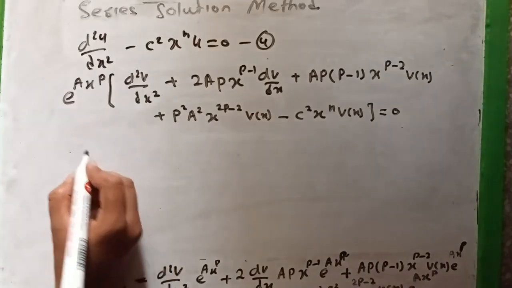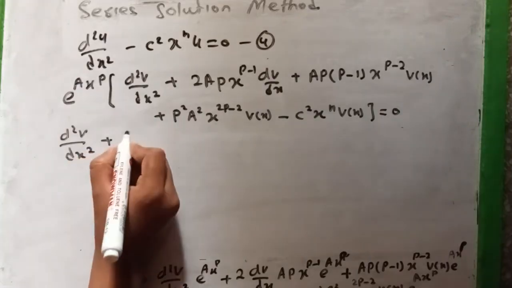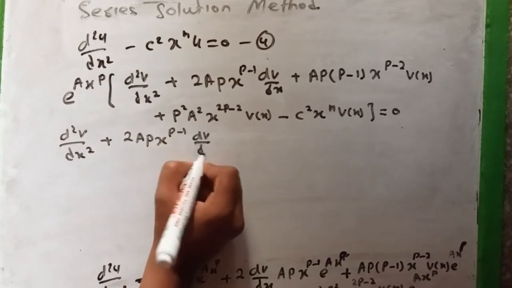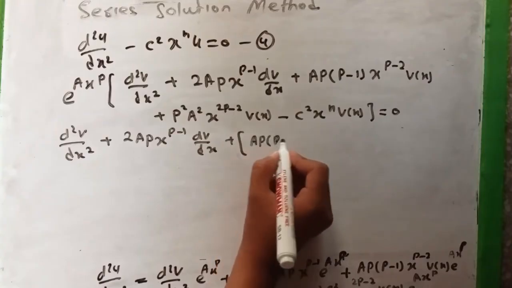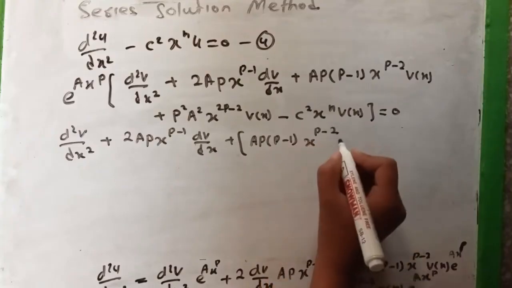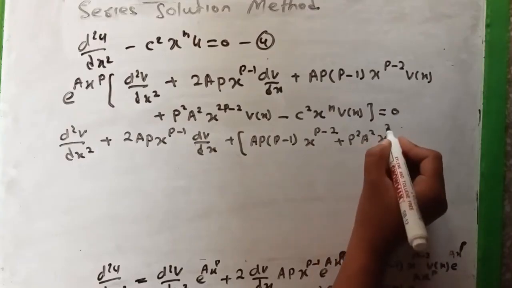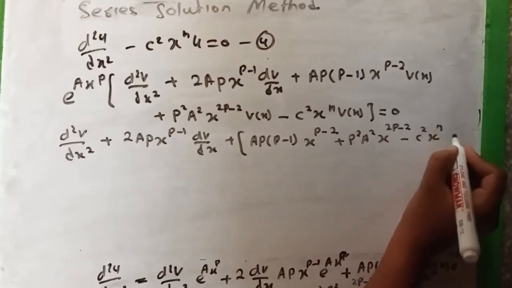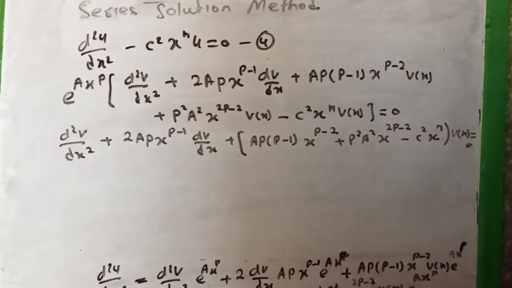This can also be written as d square v over dx square plus 2 a p x raised to power p minus 1 dv over dx plus a p multiplied by p minus 1 x raised to power p minus 2 plus p square a square x raised to power 2p minus 2 minus c square x raised to power n, multiplied by v of x, is equal to 0.